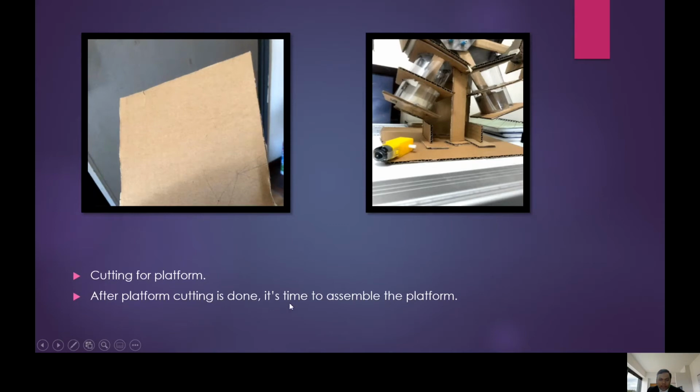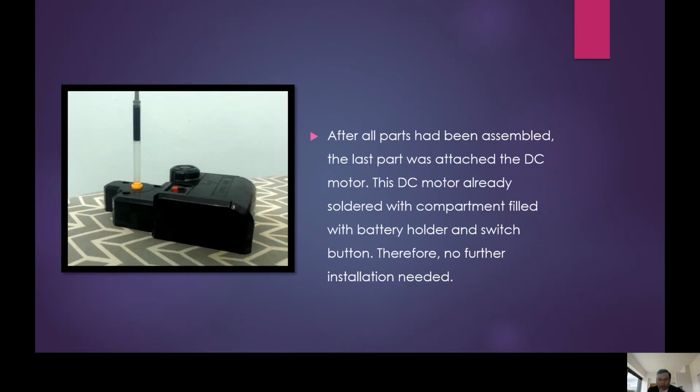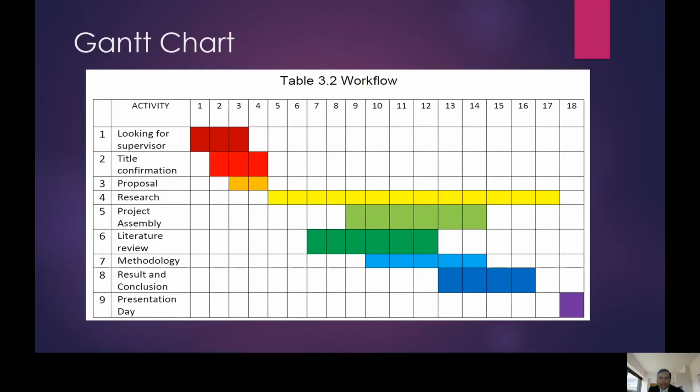After the platform cutting is done, it's time to assemble the platform. Okay. After all parts have been assembled, the last part to attach is the DC motor. This DC motor is already soldered with a compartment filled with battery holder and switch button. Therefore, no further installation needed. Okay, go to the next slide.